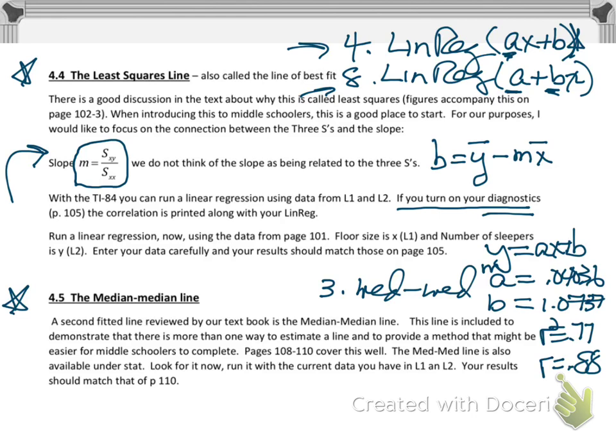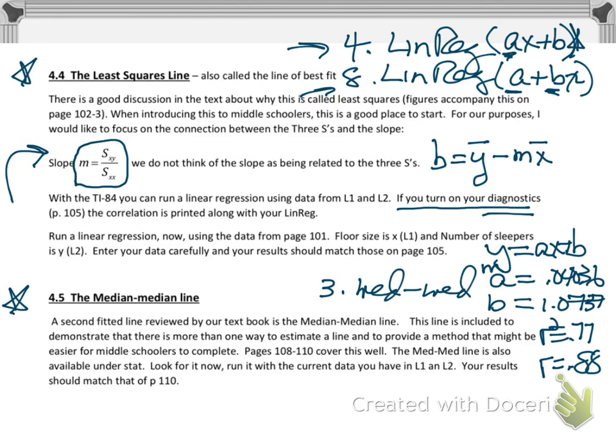I want you to read carefully pages 108 to 110 because it does cover it very well. This median line, I told you, is number 3 under stats. So for now, look for it, run it with the current data you have in L1 and L2, and your data should match that of page 110.